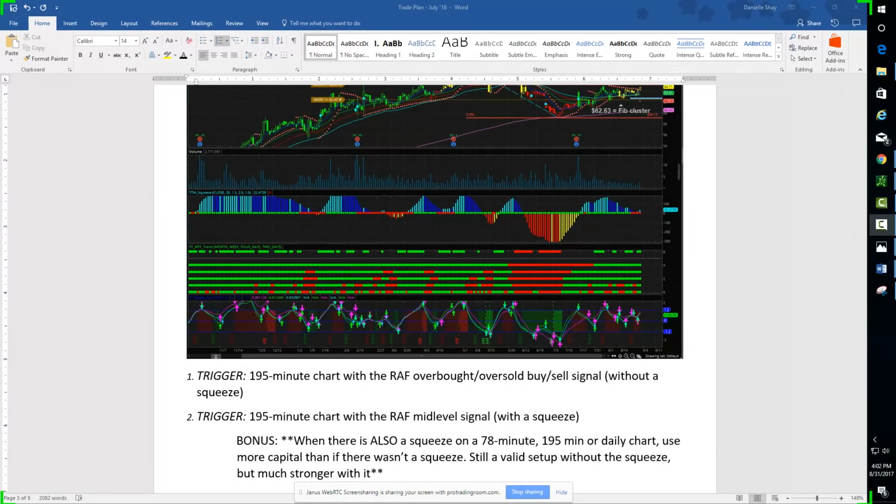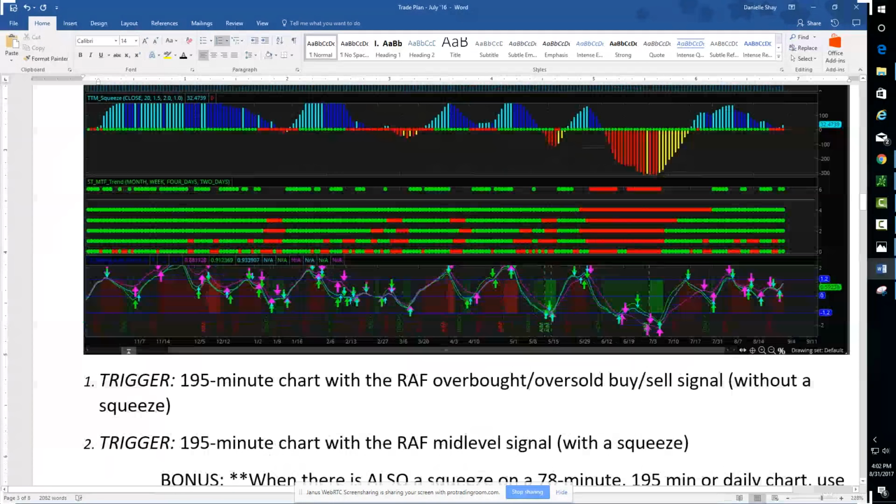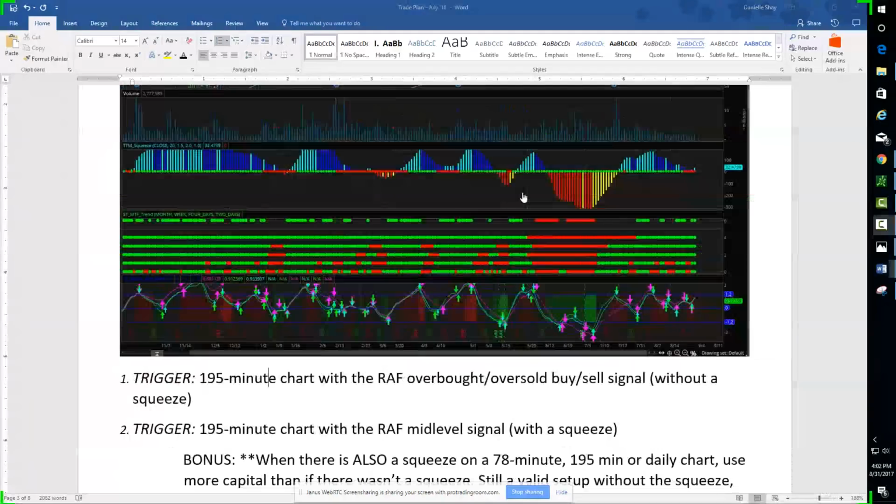This 1.2 level here and this level right here, can you see that? Let me make this bigger. Let me grab that instruction manual on how to read the Ready Aim Fire.